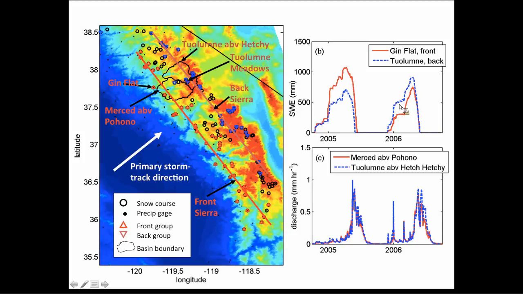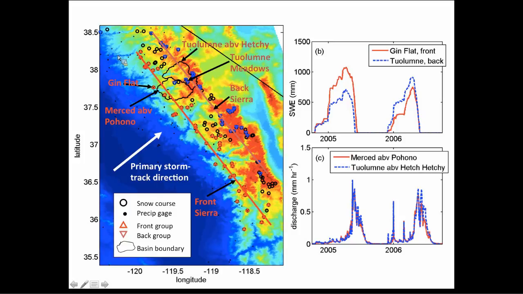I've drawn two river basins here, and you can think of river basins as giant precip gauges that integrate all of the rain and all of the snow over the year. And you can see that the Merced River, which is this one right here, and the Tuolumne River, which is the one to the north, usually, if you normalize by basin area, have about the same amount of precipitation, about the same amount of runoff.